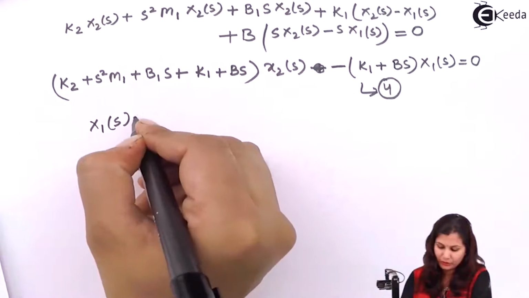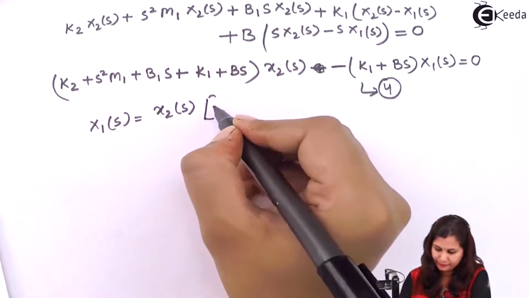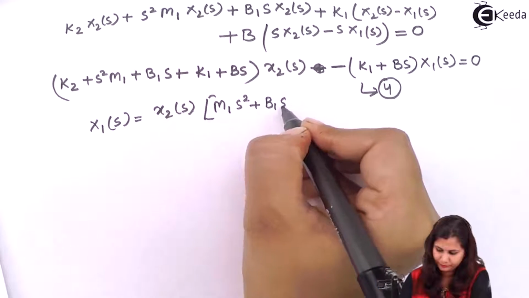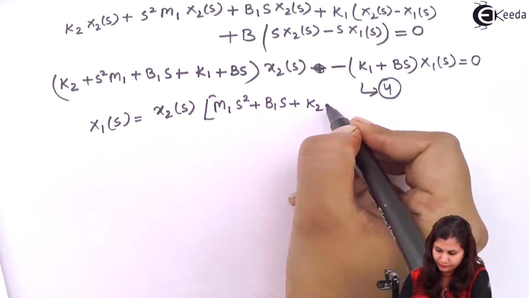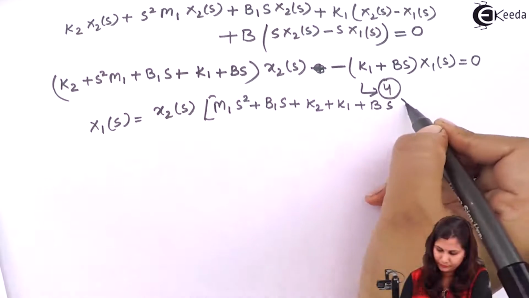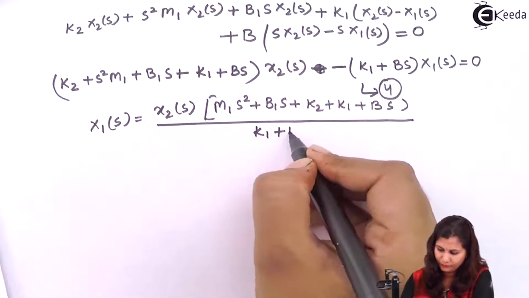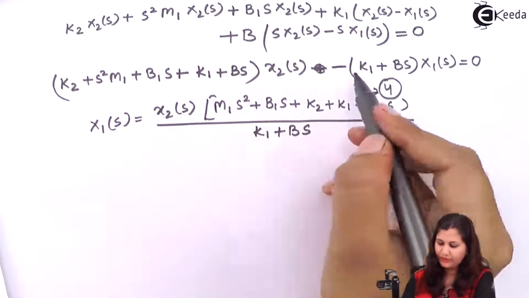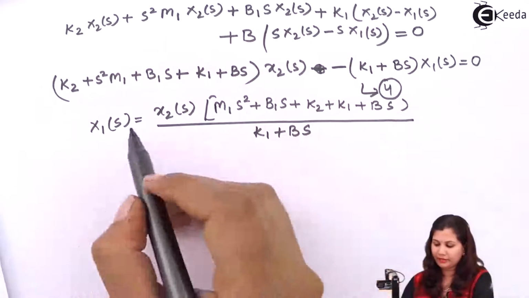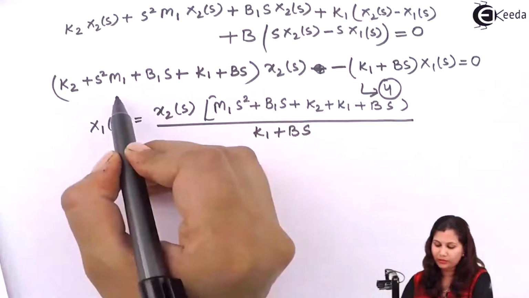When we solve these two equations, we will get X1(s) as X2(s), we have just shifted this term to the right hand side, and then the value of X1(s) will be this term upon this term.